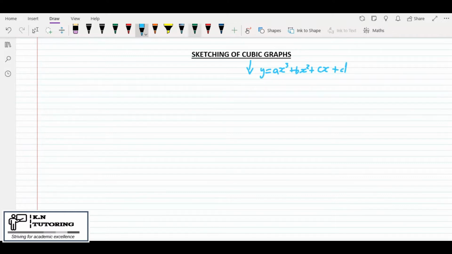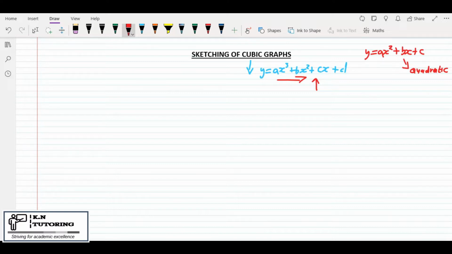You will recall that parabolic graphs took the form y equals ax squared plus bx plus c, which was a quadratic, and this one is the cubic graph.